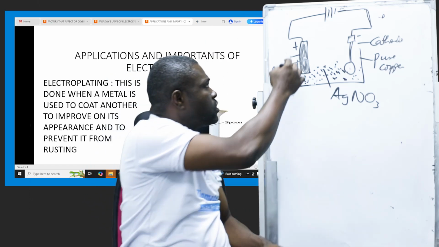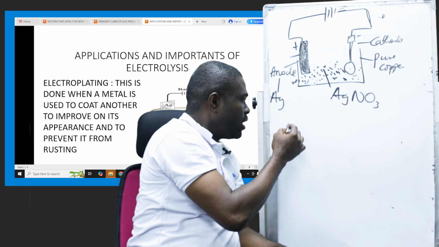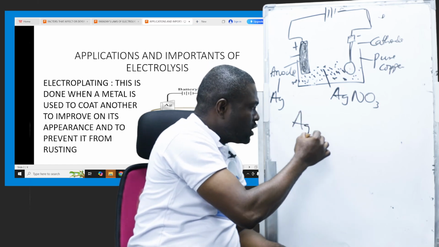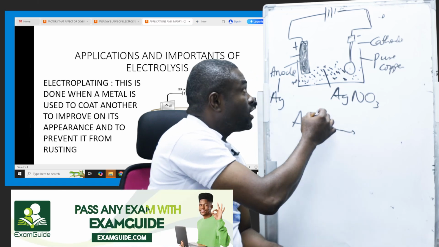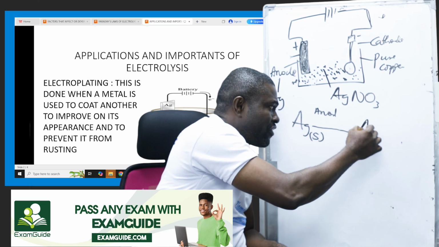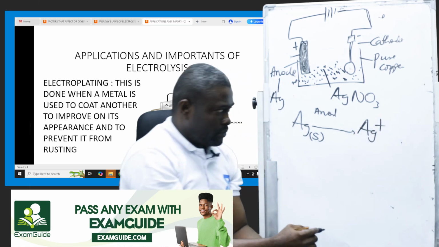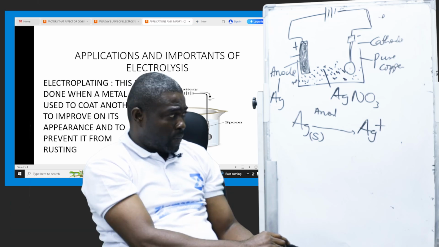Once it gets to this electrode where you have silver, the silver, which is solid, will dissolve. This is happening at the what? Anode. It will dissolve into a solution to produce silver ion. To produce what? Silver what? Ion.